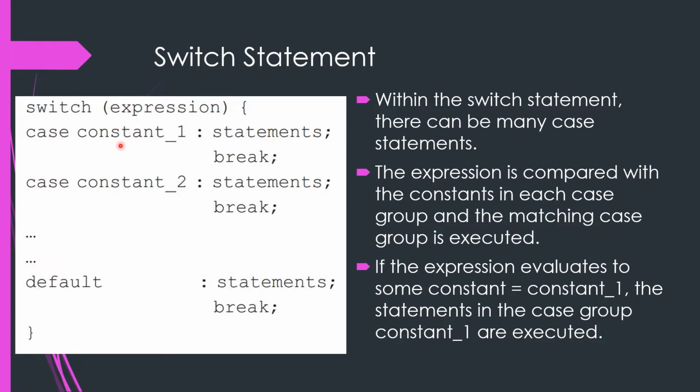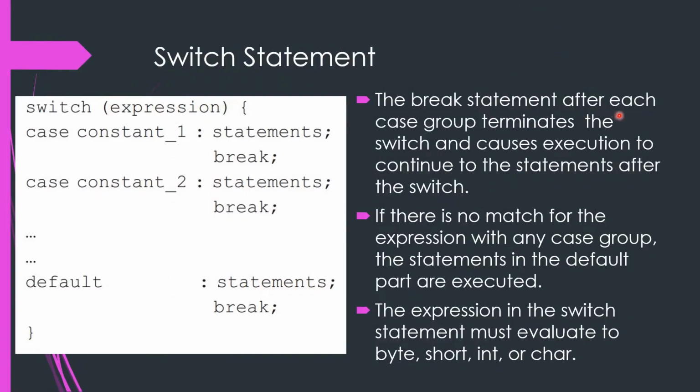Suppose if the constant 1 is matching with expression, then the statements of case 1 will be executed. If constant 2 matches with expression, then statements of this case will be executed. If the expression evaluates to some constant equal to constant 1, the statements in the case group constant 1 are executed, as I just explained already.